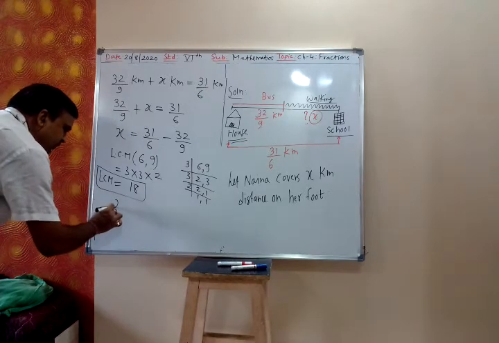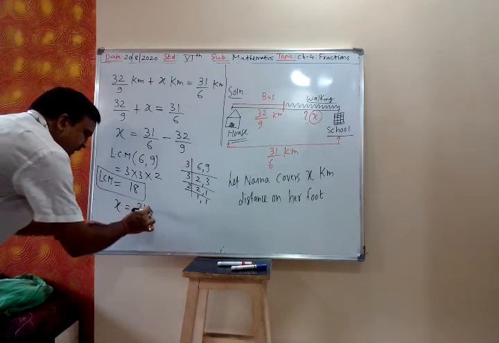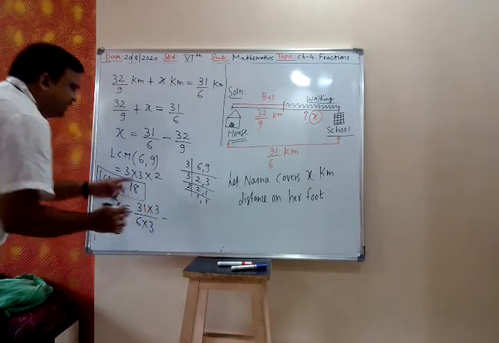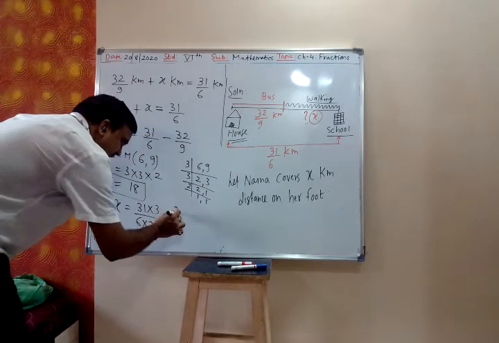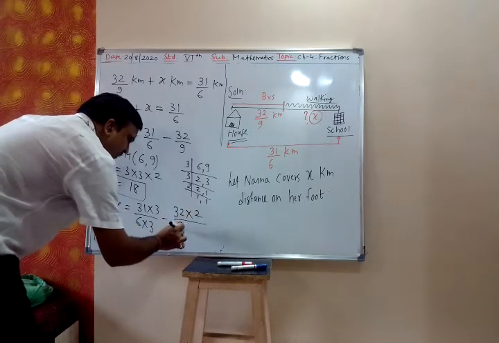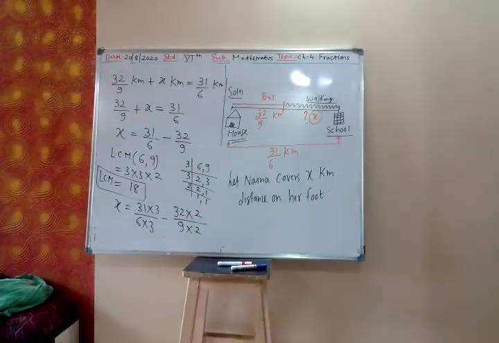So x is equal to 31 into 3 upon 6 into 3, minus 32 into 2 upon 9 into 2, right? I have to make the denominators equal.